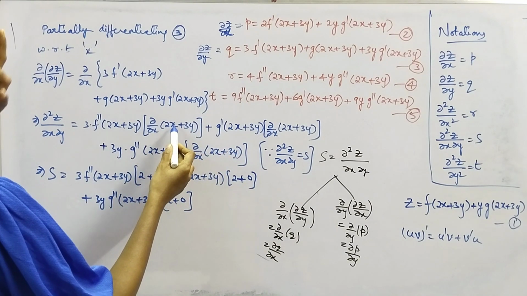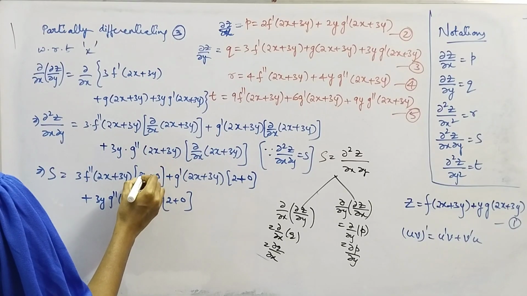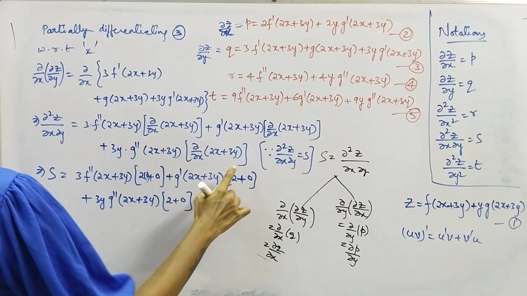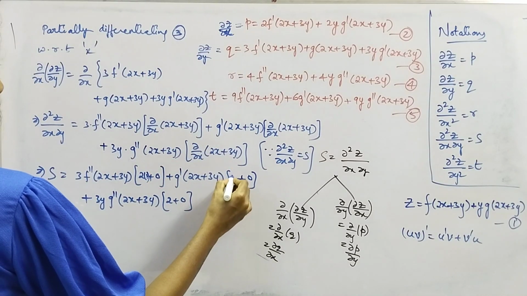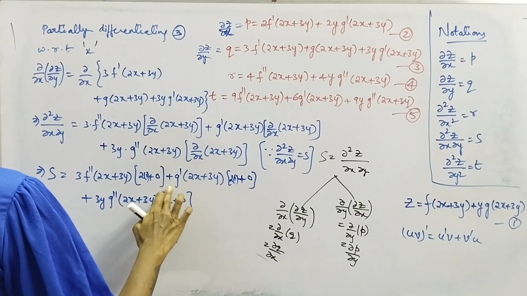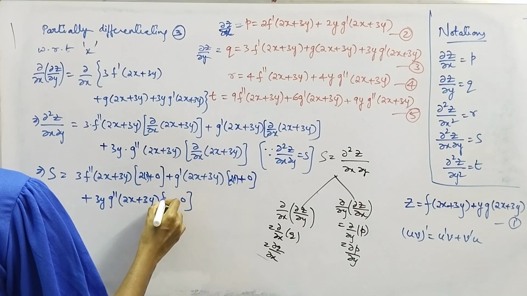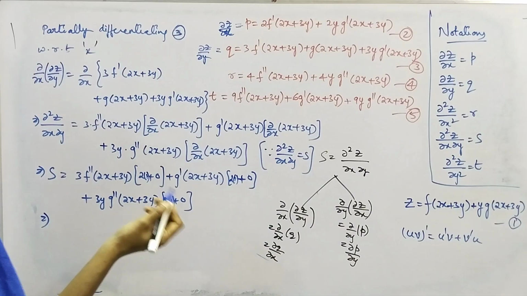Actually, you'll write 2 into partial derivative of x with respect to x is 1. You can write like this better. It's 2 into 1. You can write directly. There is nothing wrong in it.